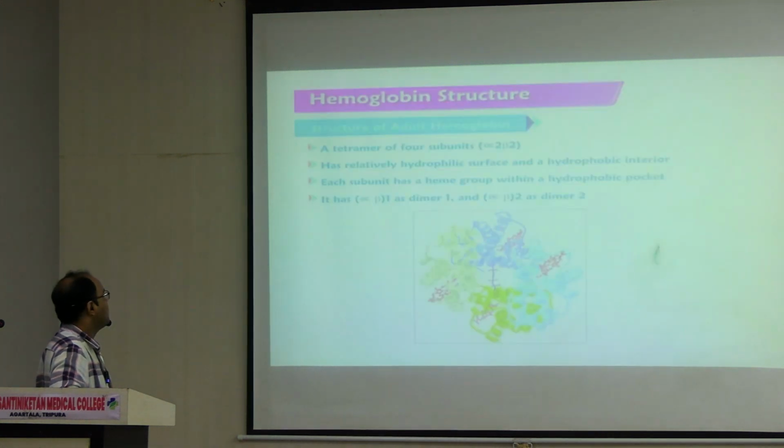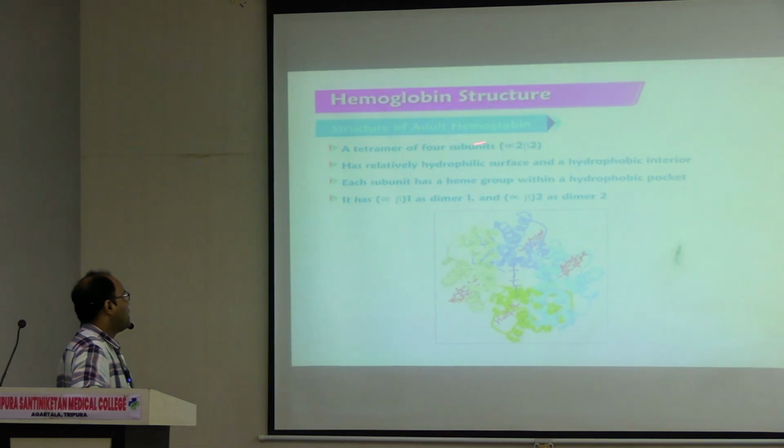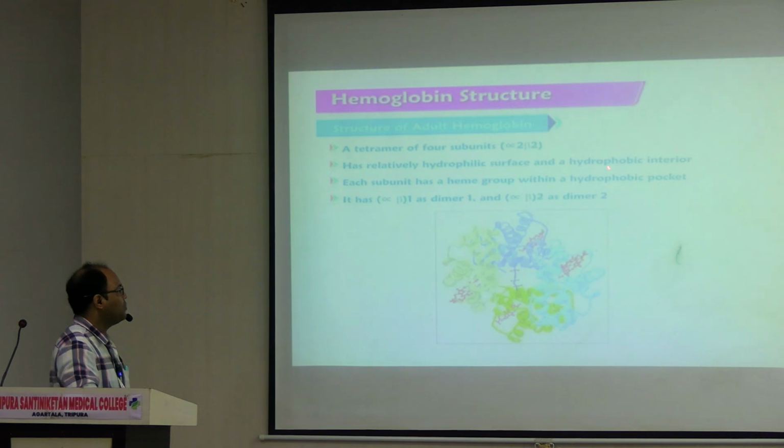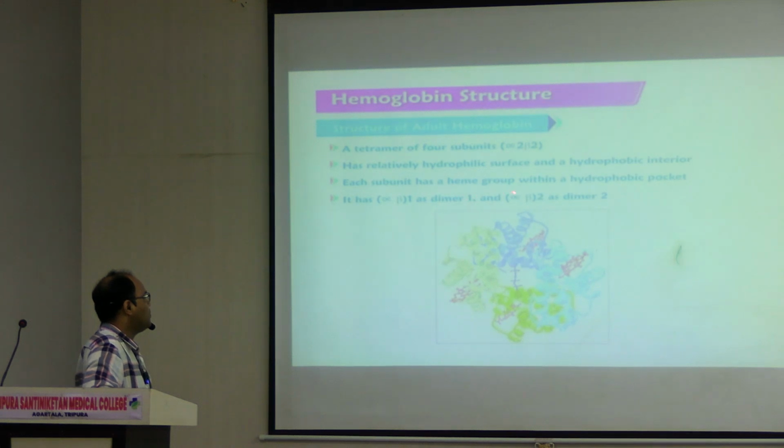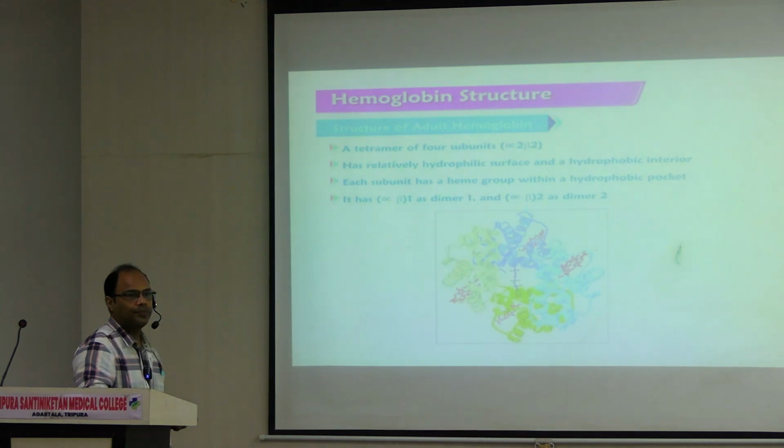So you can see the structure of adult hemoglobin. It has 4 subunits, 2 alpha chains and 2 beta chains. It has a relatively hydrophilic surface and hydrophobic interior. Each subunit has a heme group within a hydrophobic pocket. It has an alpha-beta 1 dimer and alpha-beta 2 dimer.